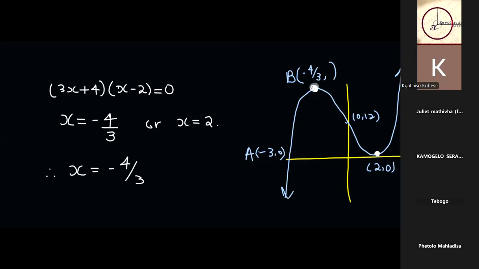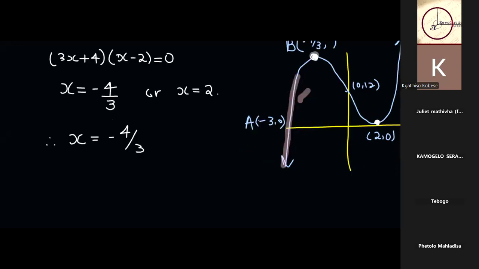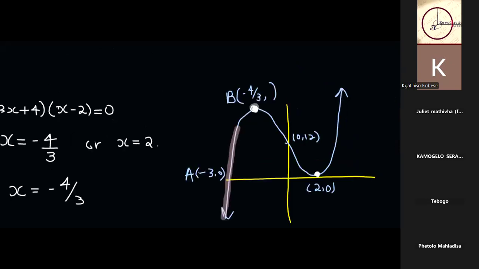So this graph here, it increases, as you can see. This graph right here, it increases. Even right here, it increases. And then on the green part, that's where the graph decreases.